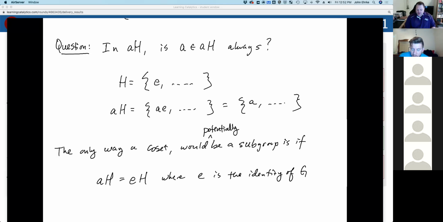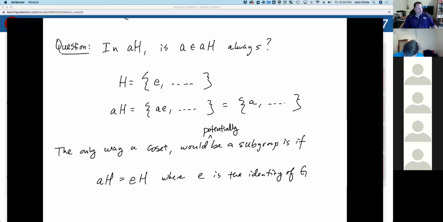We're going to dive into this a little more in a second. But the only way a coset would potentially be a subgroup is if AH, whatever representative you used, is the same as EH. That's the only way you're going to get the identity into your group.